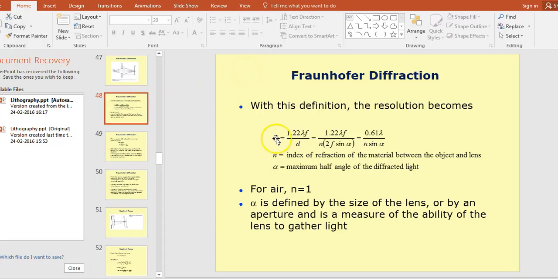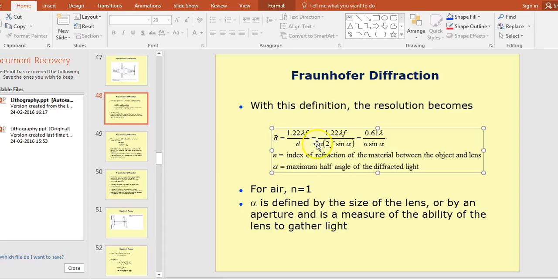As we can see, resolution is related to the diameter of the central maxima. The smaller the diameter of the central maxima, the better the resolution. That means the smaller this maxima diameter, the more clearly we can resolve two features on the image plane.